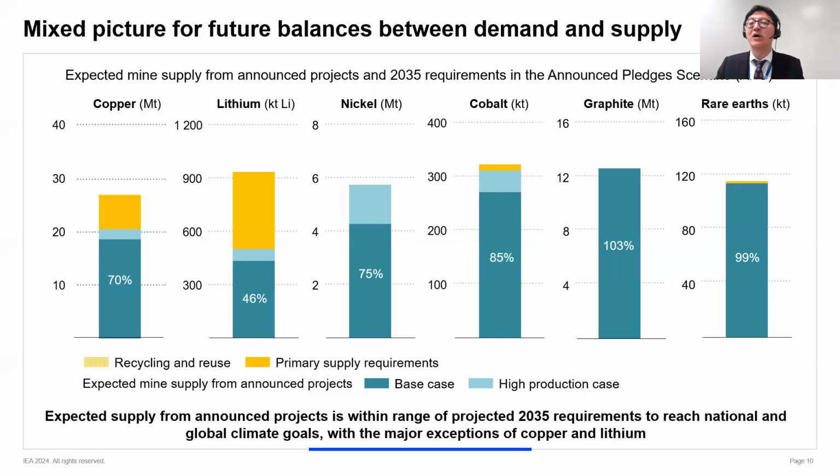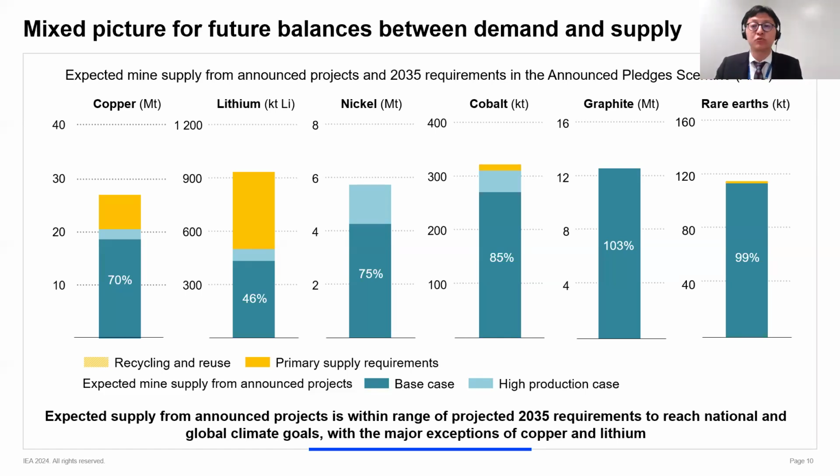So when we show the gap between demand and supply, such as for copper and lithium, these results are not set in stone. This gap can potentially be closed by increasing investment in new supply or promoting recycling beyond what we have assumed, and also introducing further material efficiency measures.